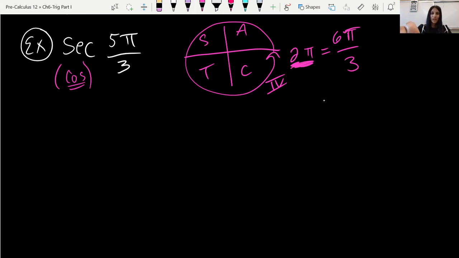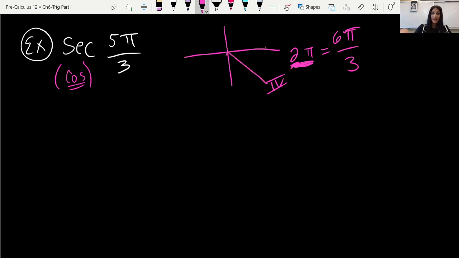Okay, so now that we know, I'm going to get rid of all of this stuff, and say, okay, I know that I'm dealing with something that's going on in quadrant 4. So that helps me to wrap my head around what this is. If it's in quadrant 4, and this part would be 6 pi over 3, then this part that I randomly just drew would be my 5 pi over 3.